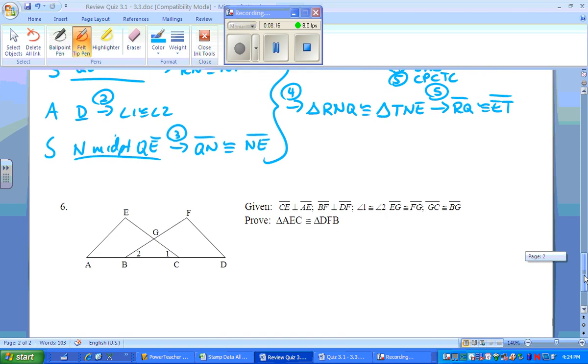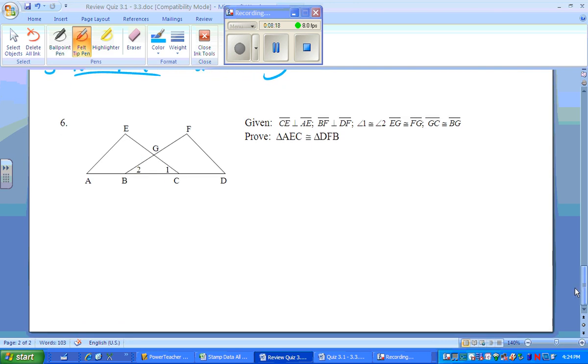Nicely done. Number 6, the last one here. We have CE being perpendicular to AE, causing a right angle at E. We have BF and FD being a right angle at F. Angle 1 and 2 are congruent.